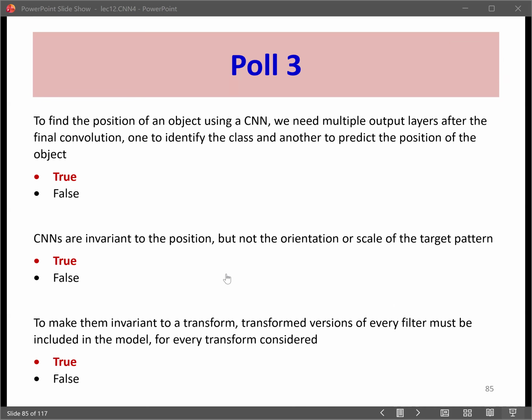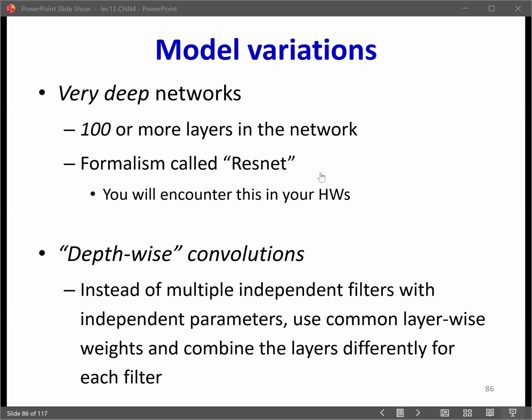CNNs are invariant to the position, but not the orientation or scale of the target pattern. To make them invariant to a transform, versions of every filter must be included in the model for every transform considered. Alternately, you can just use augmentation of the data, where you include every variant that you want robustness to in the training data.